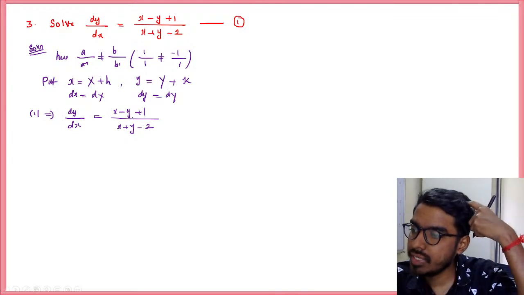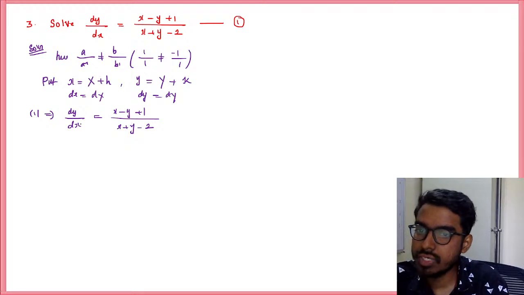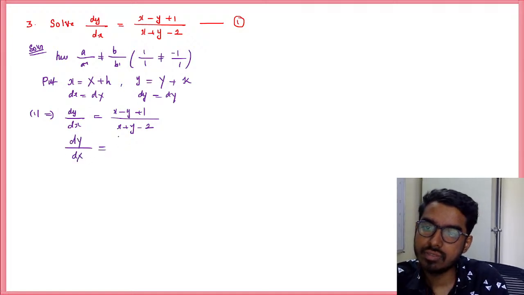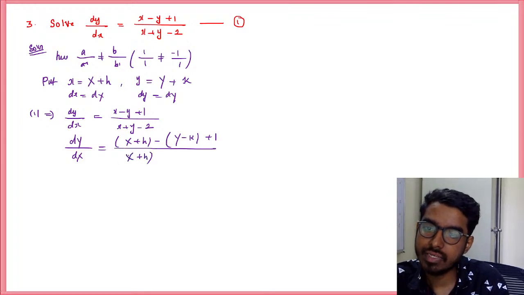So we will have dY by dX is capital X plus h minus capital Y minus k plus 1 divided by capital X plus h plus capital Y plus k.